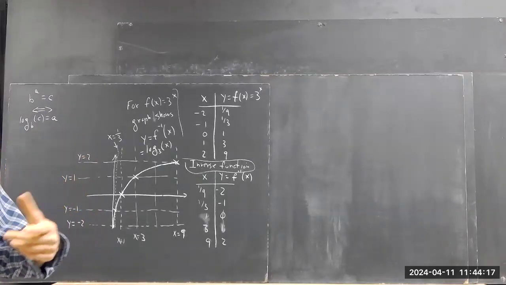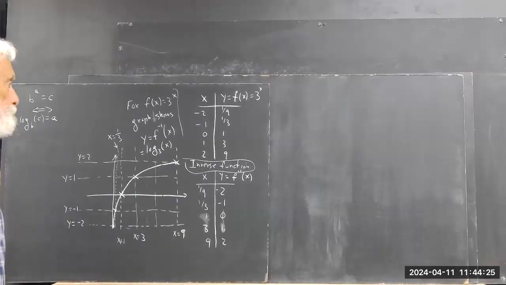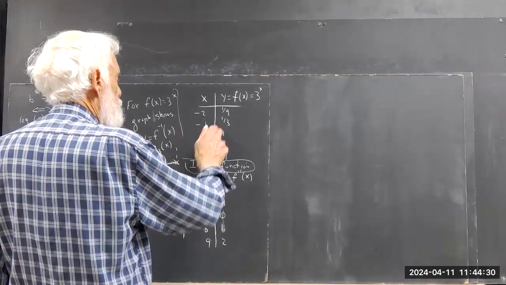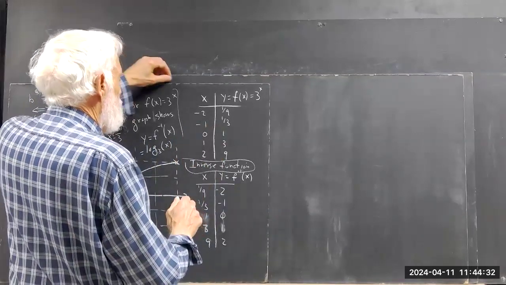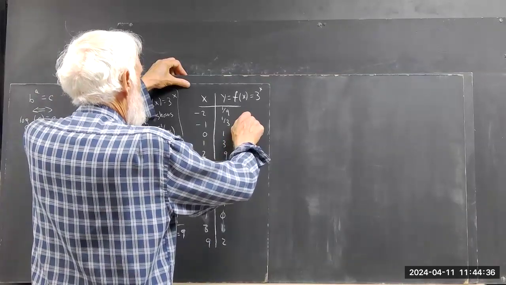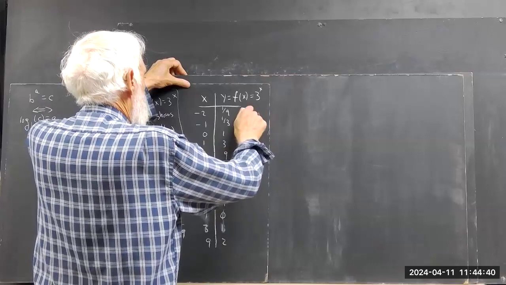Let's just see how this relates to the graphs. We get negative 1/3 because 3 to the negative 1 equals 1/3.